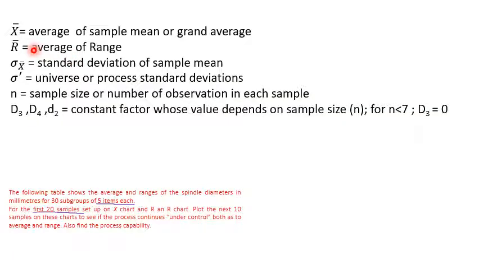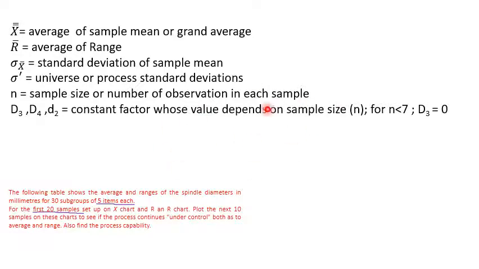In the above formulas, X double bar is equal to the average of sample means, or the grand average, and R bar is equal to the average of the ranges, and sigma X bar is equal to the standard deviation of sample means, and sigma dash or sigma is equal to the universe or process standard deviation, and n is equal to the sample size or the number of observations in each sample, and D3, D4 and small d2 are constant factors whose value depends on the sample size.